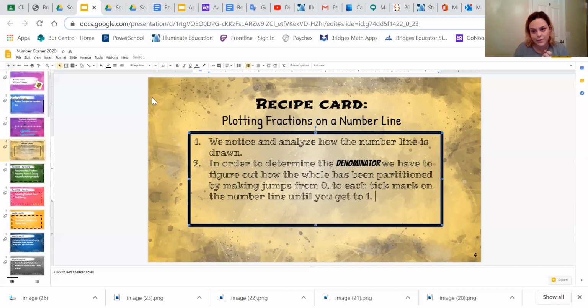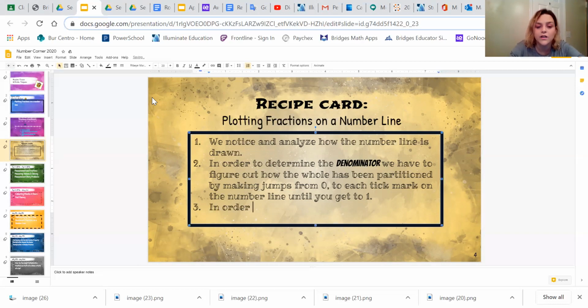That's how we figured out the denominator just now. We jumped from 0 to 1, and we jumped from 0 to the first tick mark, and then to the second, and then to the third, until we got to the 8th tick mark, which was the whole, right? So that is when we figure out what the denominator is.